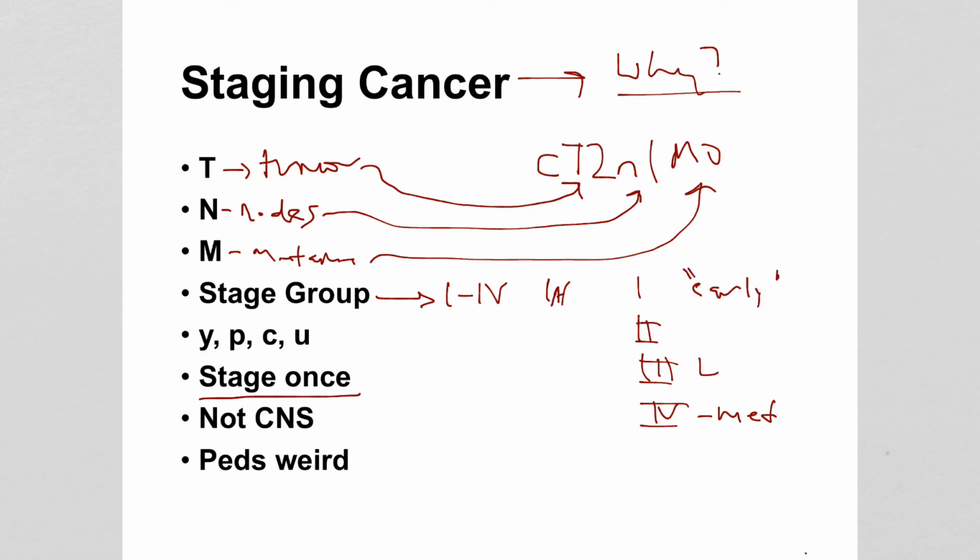Stage 3 is typically locally advanced disease. And then stage 2 is somewhere in between. It can sometimes be called early and sometimes be called early advanced or potentially even locally advanced. You may see some terms like this.